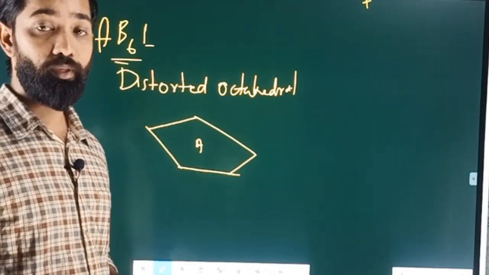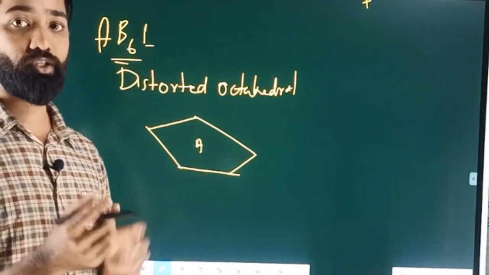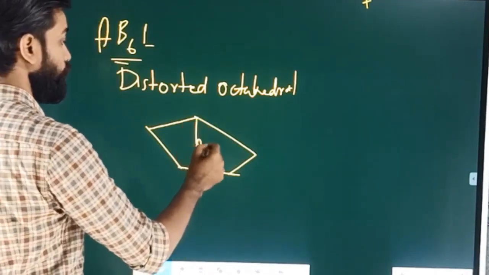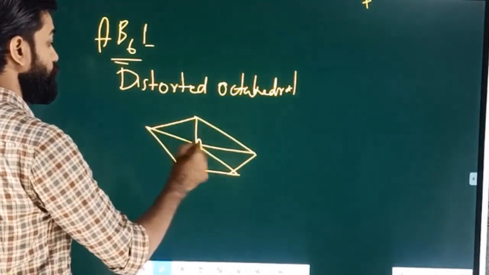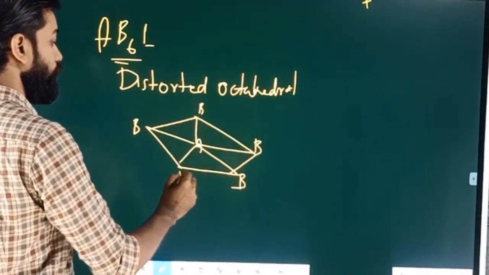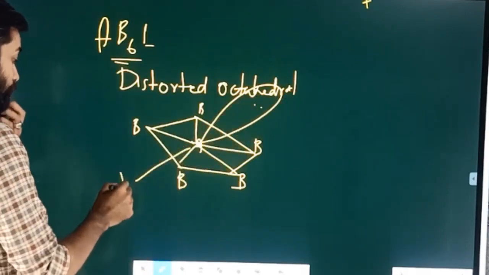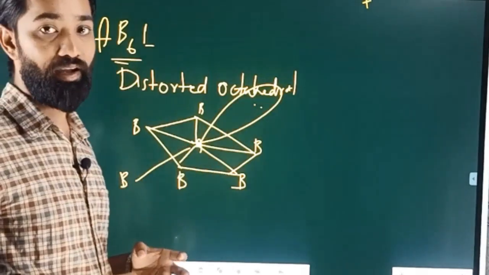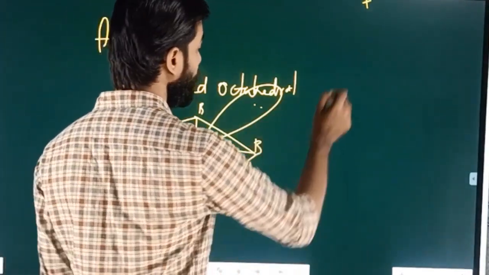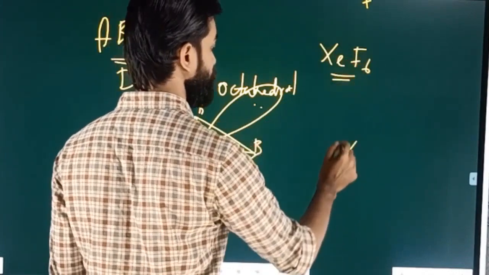Then you have to introduce the lone pair in the axial position, because the axial position has a maximum distance of 90 degrees. The equatorial position has only 72 degrees. So the equatorial positions should be arranged with the bonds, and the axial position should be occupied by the lone pair, because they have a maximum distance of 90 degrees. Example is XeF6.